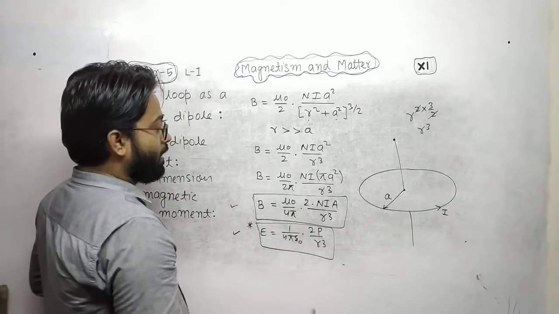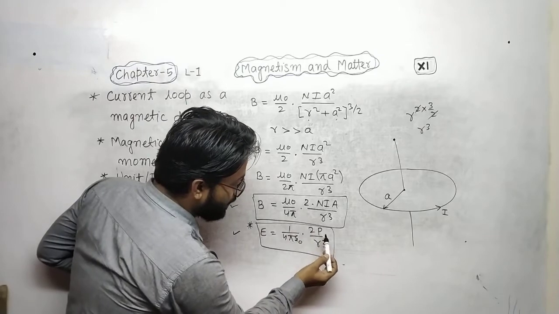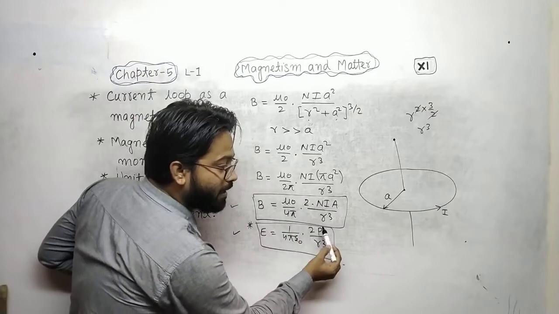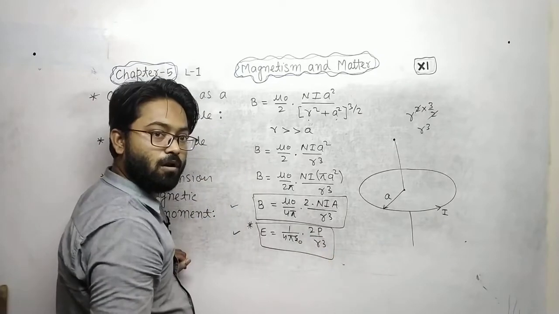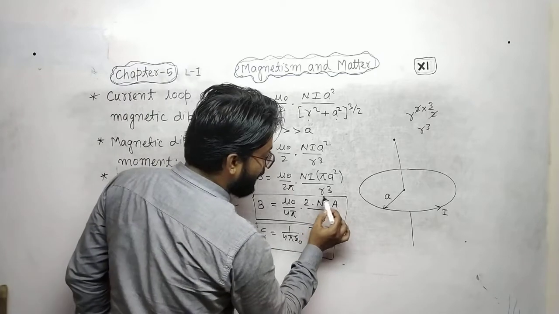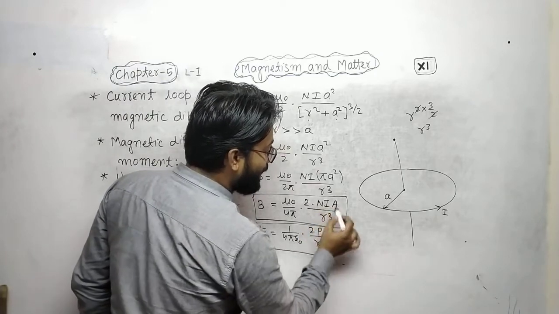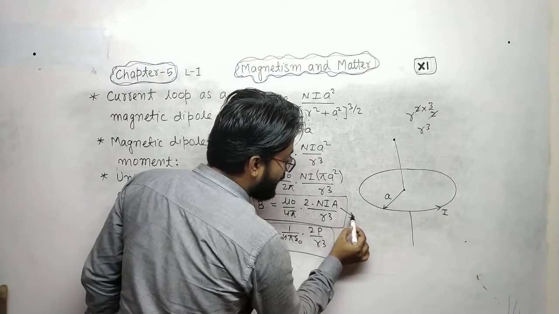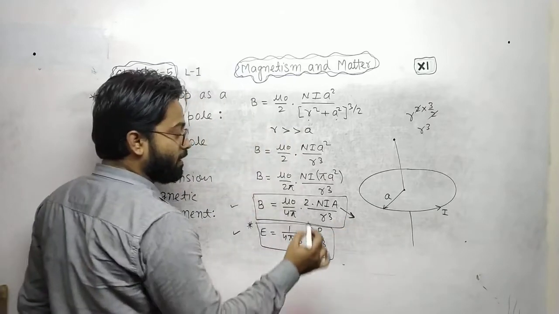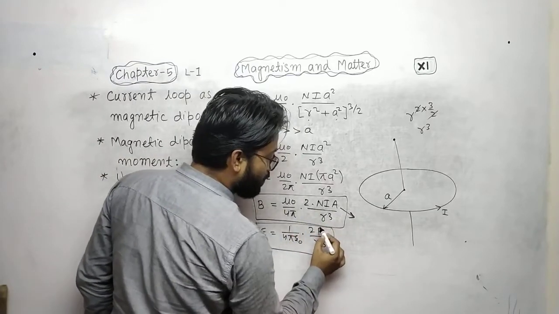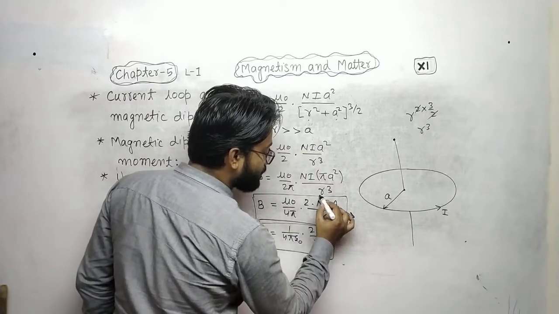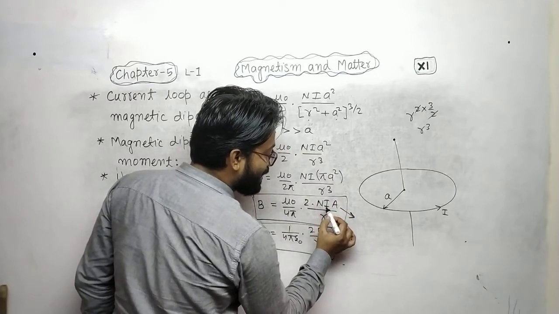Here if you compare, it is P, meaning electric dipole moment. And here, NIA, like the electric dipole moment, we will name this portion NIA.